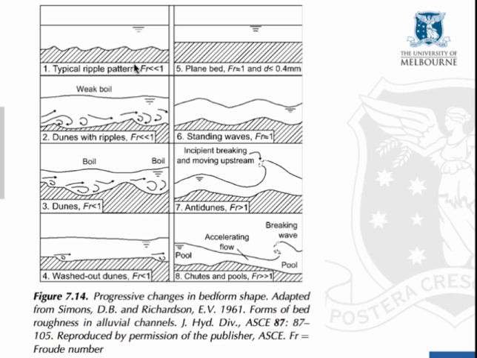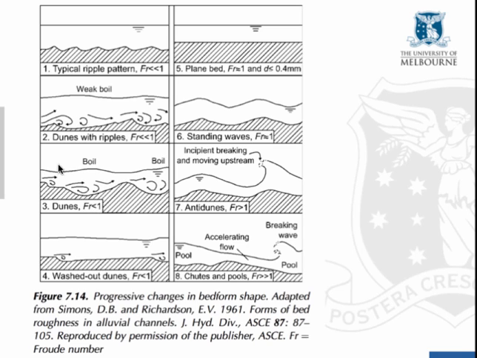So remember, Froude number is the ratio of inertia forces to gravity forces, under the definition where Froude number equals the flow velocity divided by the square root of gravity times depth. At low Froude numbers, we get these ripple patterns forming in the bed. As Froude number increases, dunes begin to become established, but we still see these ripple patterns on the face of the dunes. At higher Froude numbers, still less than 1, dunes become well established.